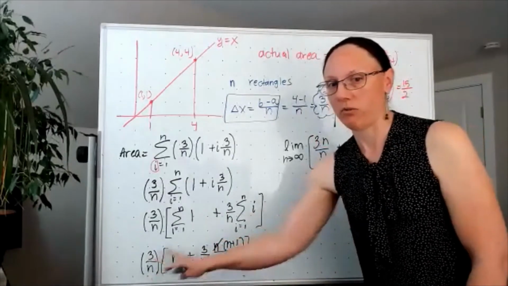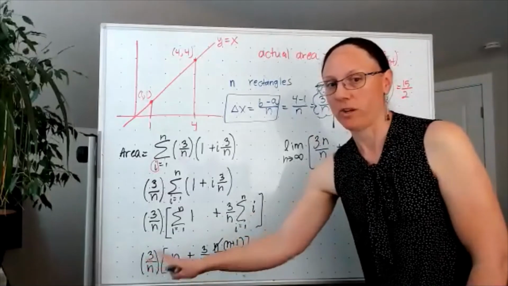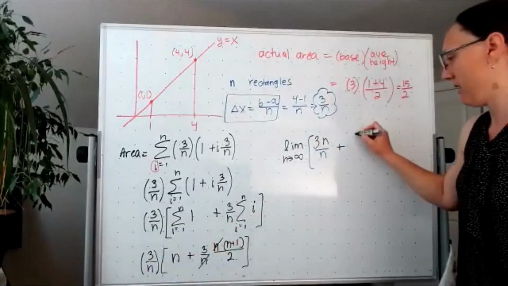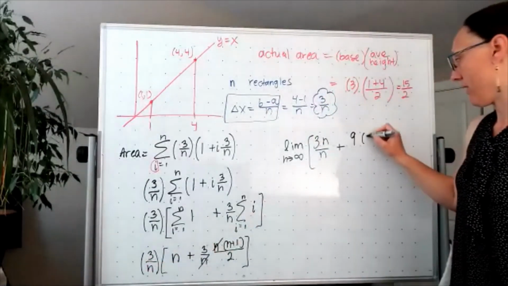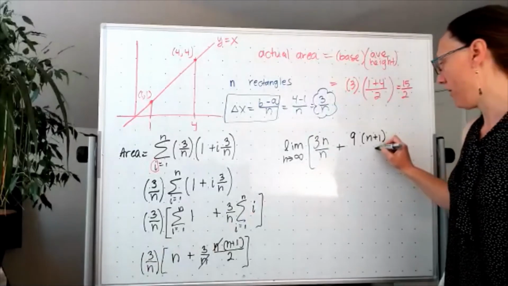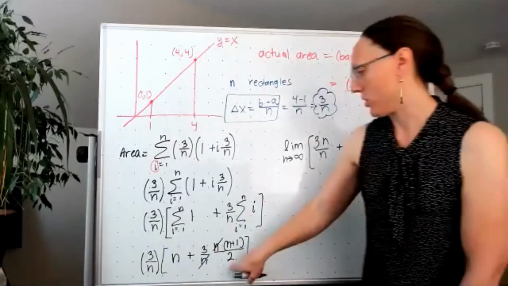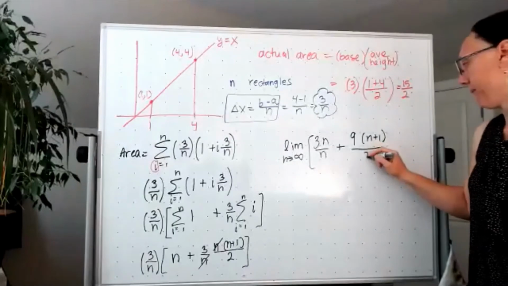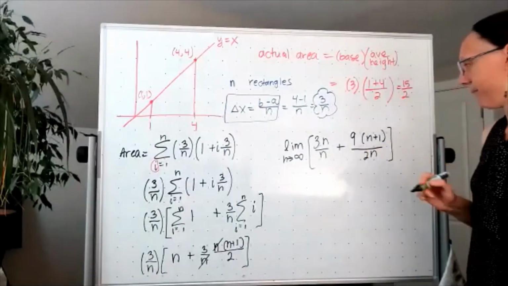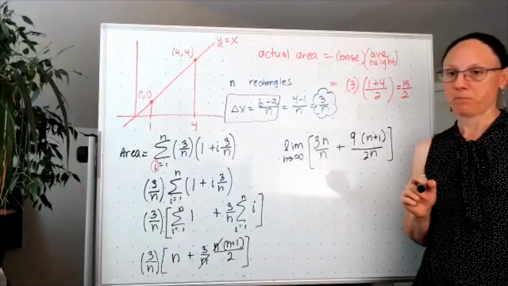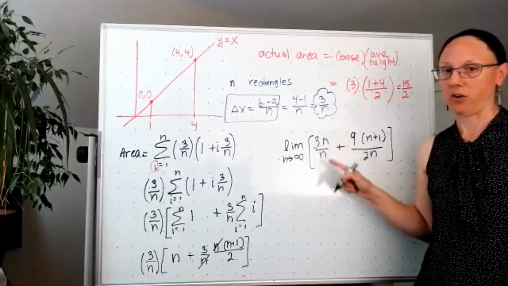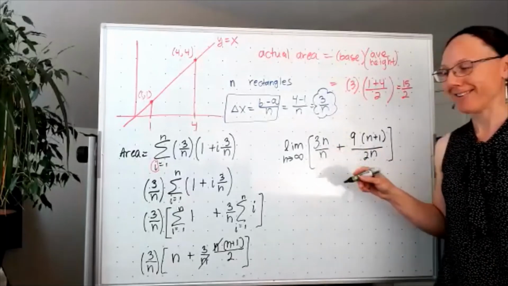And I'm going to take that 3 over n and distribute it in here. So I'll have 3 times 3 and get 9. We've got that n plus 1 on the top, and on the bottom, I'll have a 2 and another n. Cool. n over n cancels.